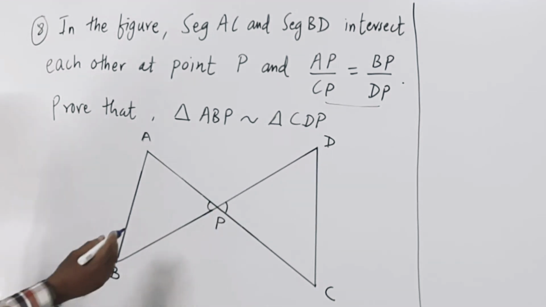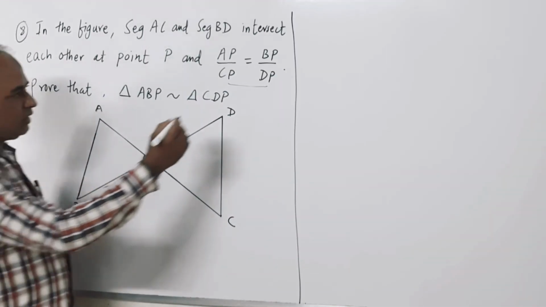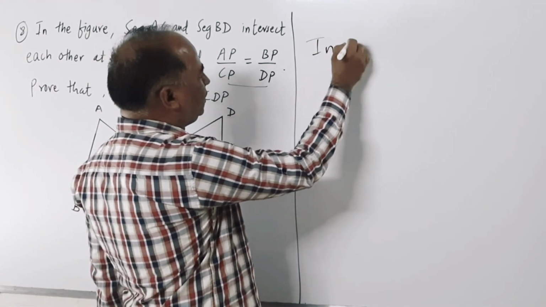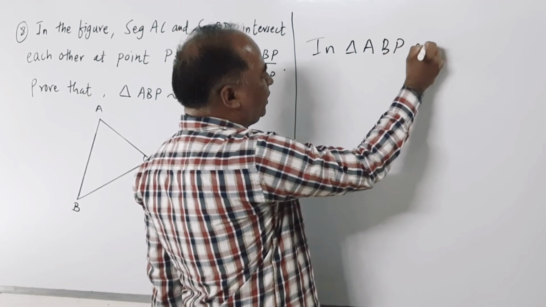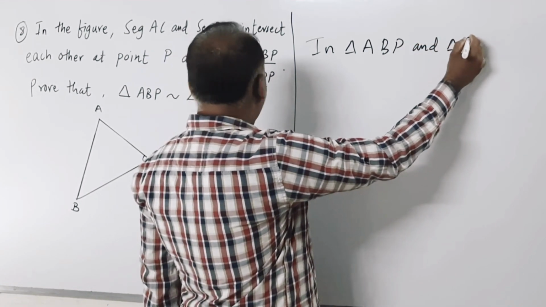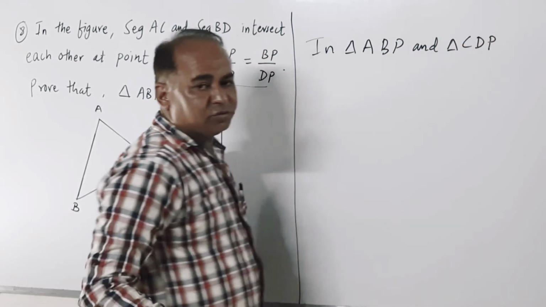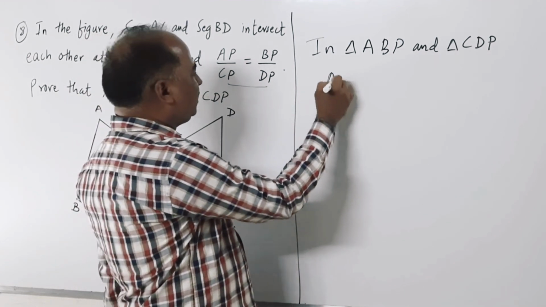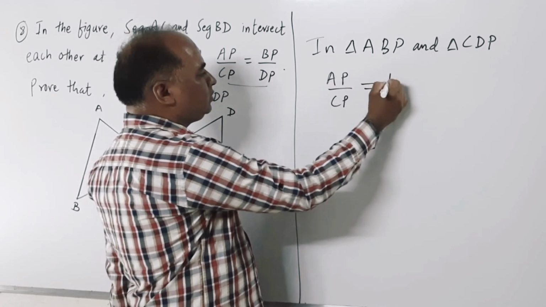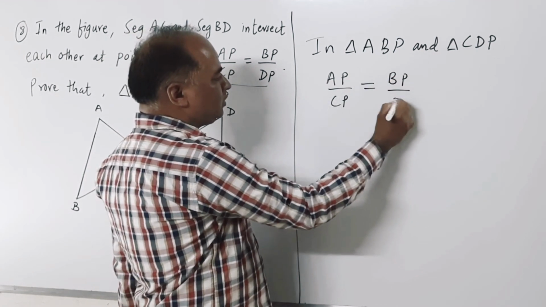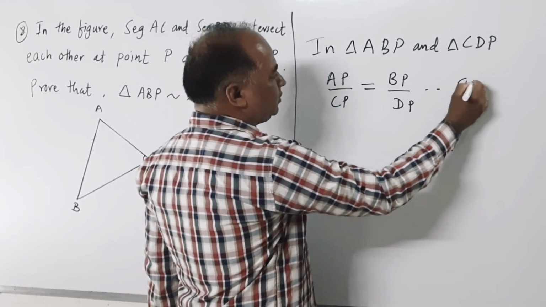So let us write down the solution. In triangle ABP and triangle CDP, in these two triangles, it is given that AP upon CP is equal to BP upon DP. This is given.